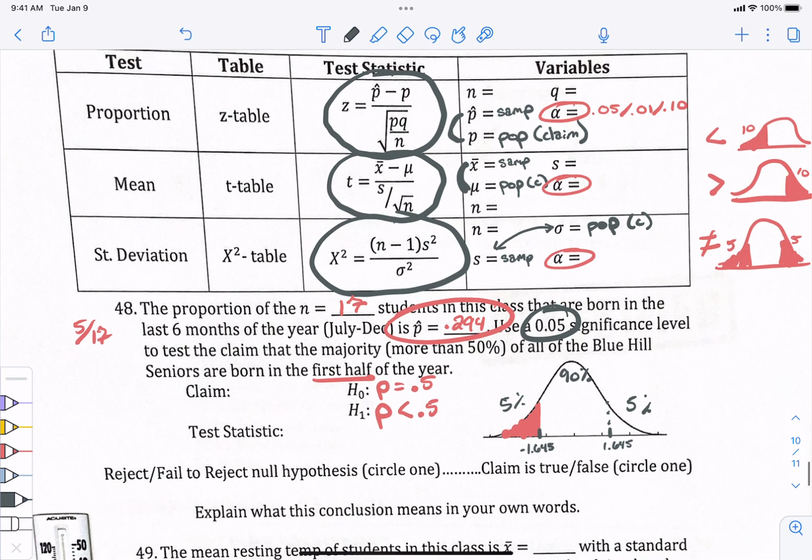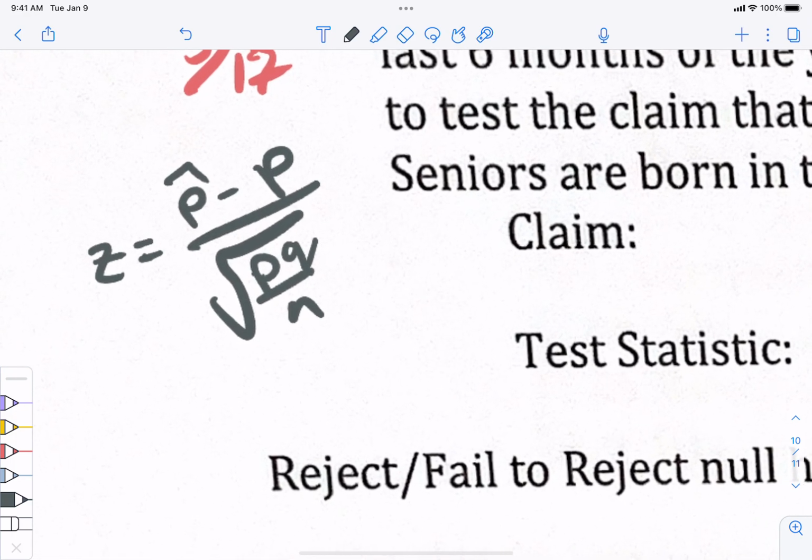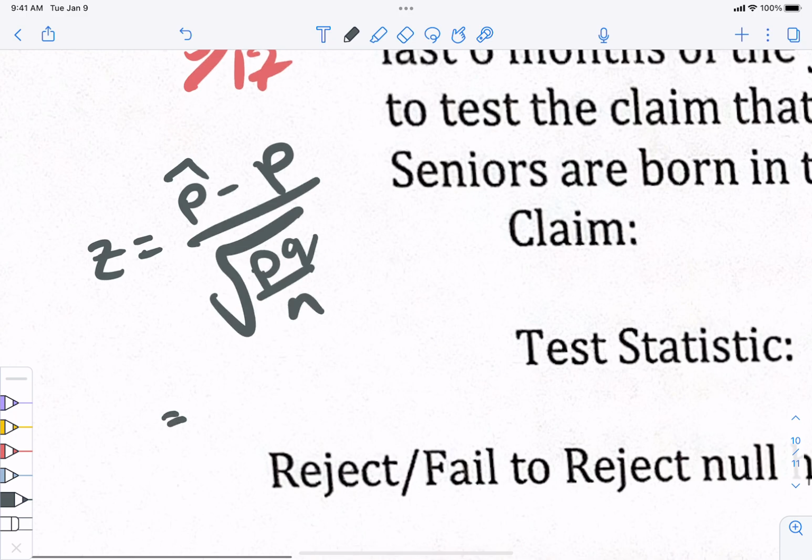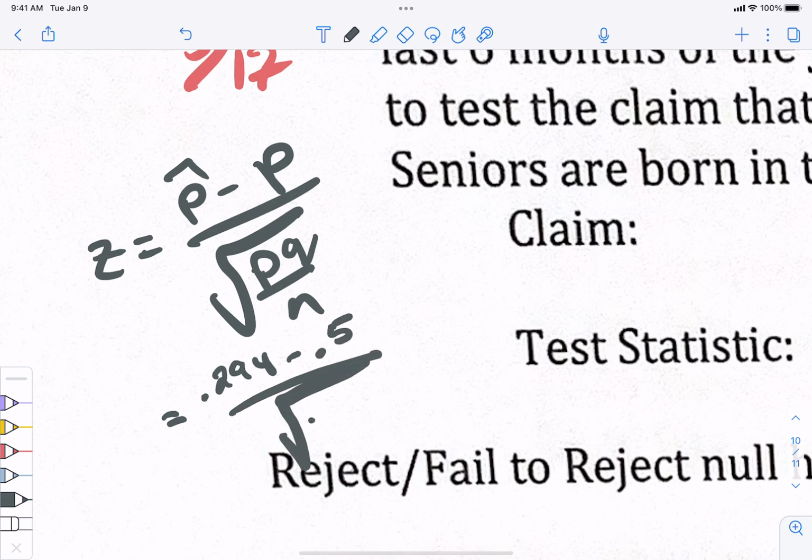So we have z equals p hat minus p over the square root of pq over n. What's p hat? 0.294 minus p, 0.5, over the square root of 0.5 times q, 0.5, all over n, 17.